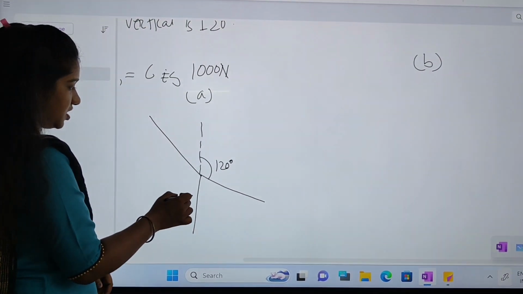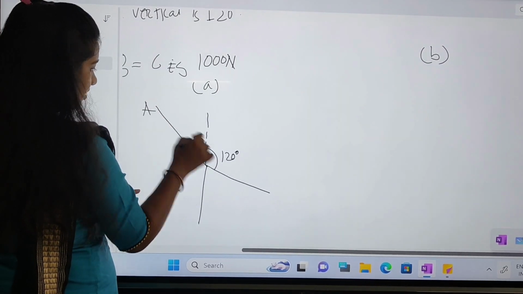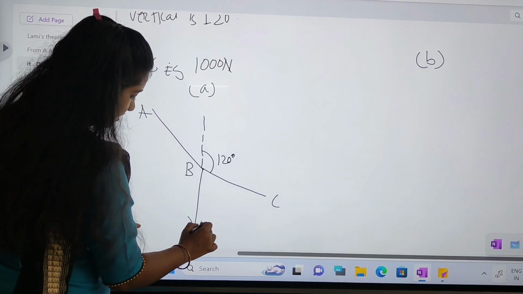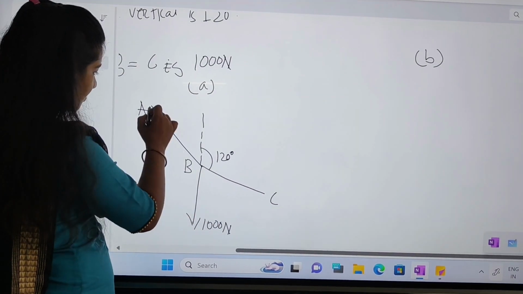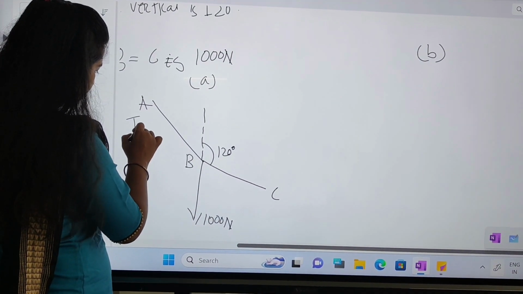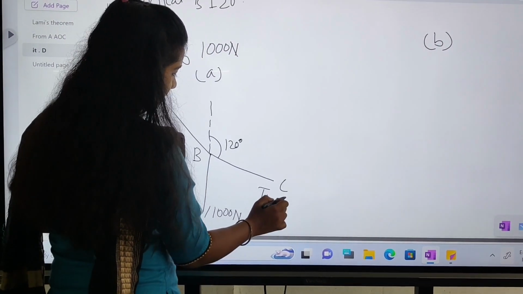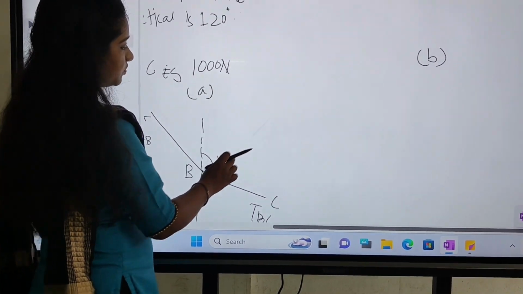We name these sides A, B, C, and this one is 1000 newtons. So we name this side TAB and this side TBC. So we find out this angle and this angle.